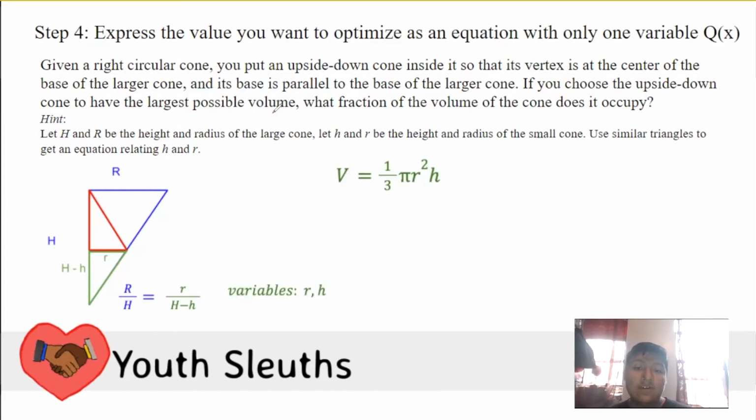Now that we have our volume, what we want to do is find it with only one variable. Now, if you remember, the two variables are little r and little h. So we're going to have to find out one of them, which in our case, we were going to find little r by using the proportion that we found before, which is at the bottom right here. So we can begin by isolating little r.